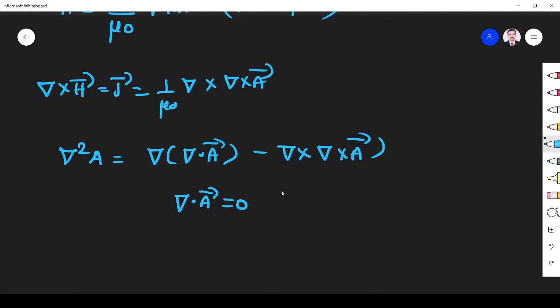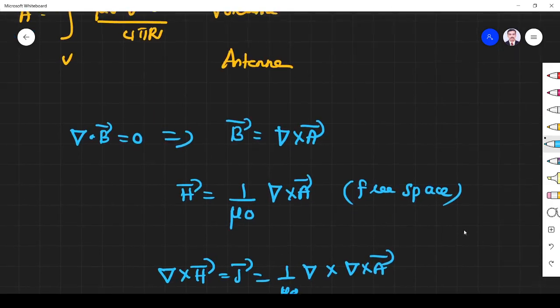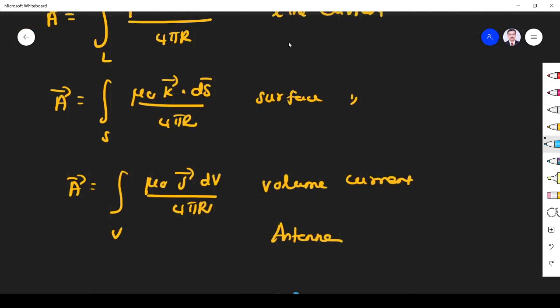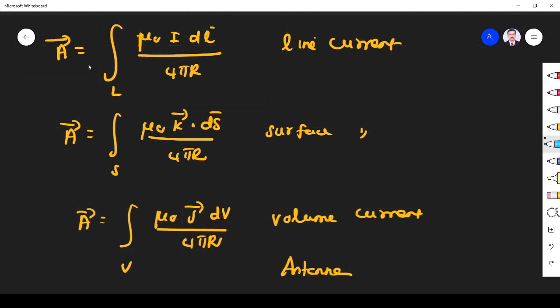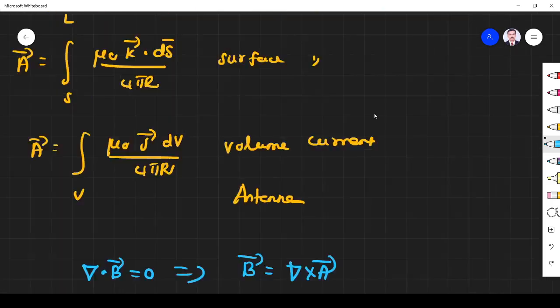Magnetic potential. Why? Because in a magnetic field we have only steady state current, or DC current. DC means constant value. If current is steady, the vector magnetic potential is also steady state.